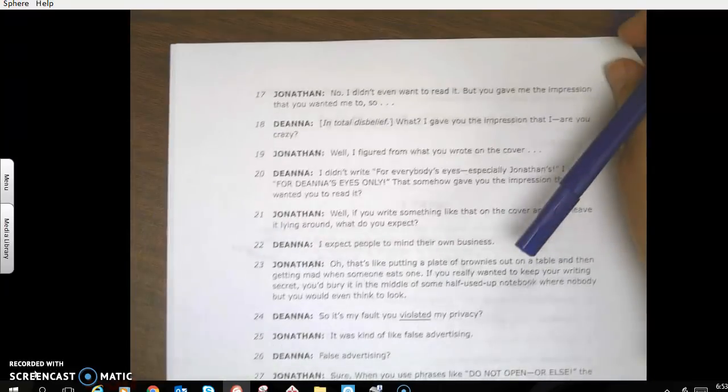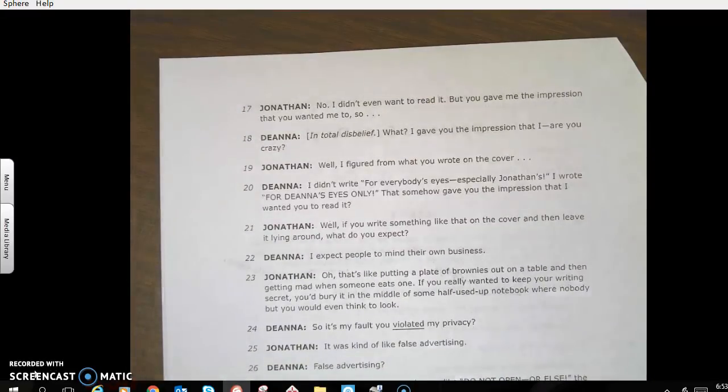So Jonathan says, No, I didn't even want to read it, but you gave me the impression that you wanted me to. Deanna, in total disbelief: What? I gave you the impression that... Are you crazy? Jonathan: Well, I figured from what you wrote on the cover. Deanna: I didn't write for everyone's eyes, especially Jonathan's. I wrote for Deanna's eyes only.